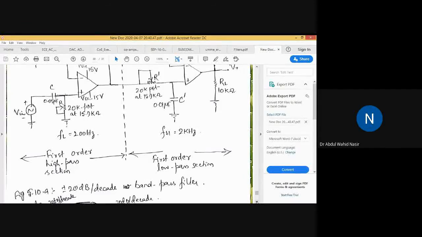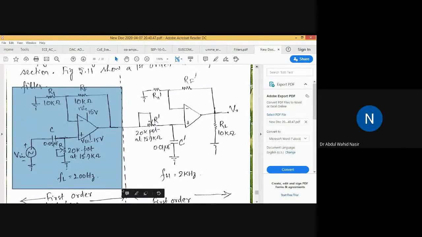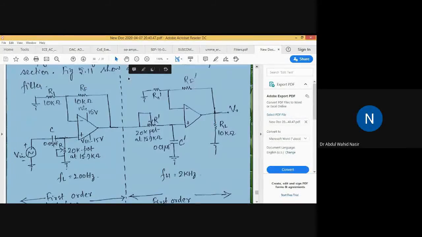Already we know the circuit construction for the first order high pass filter. In this circuit diagram, if you segregate it, this part represents a first order high pass filter, and this part represents a first order low pass filter.